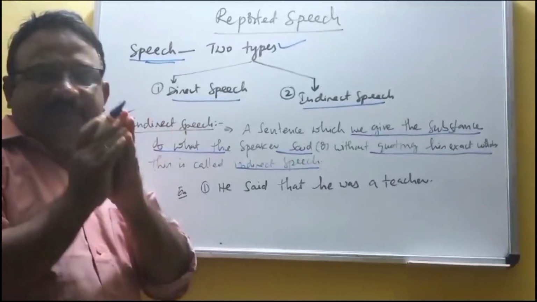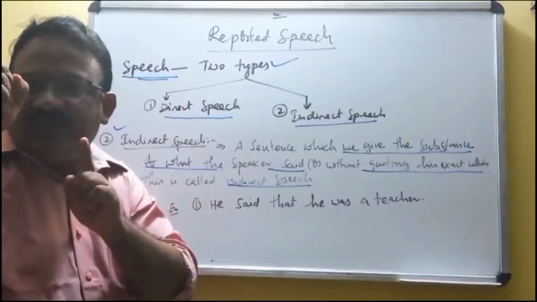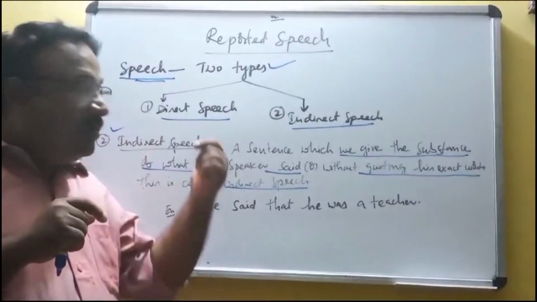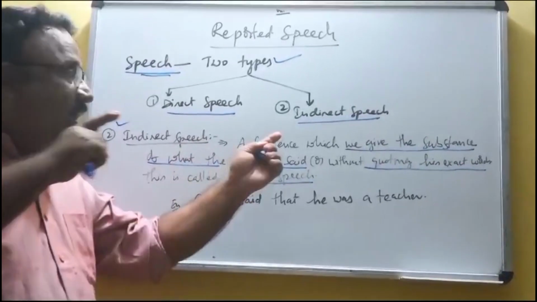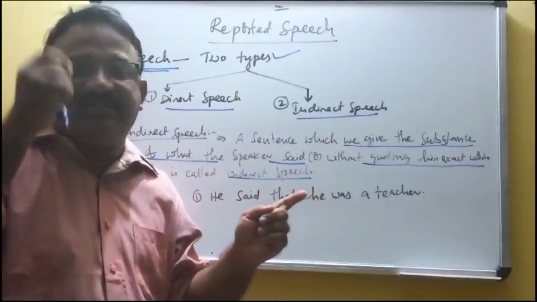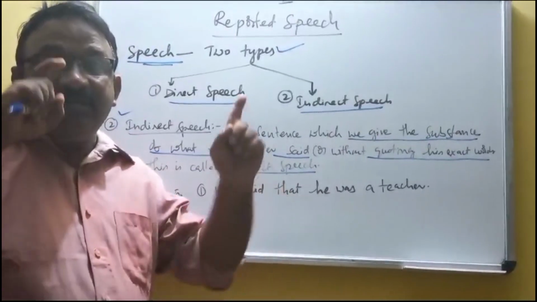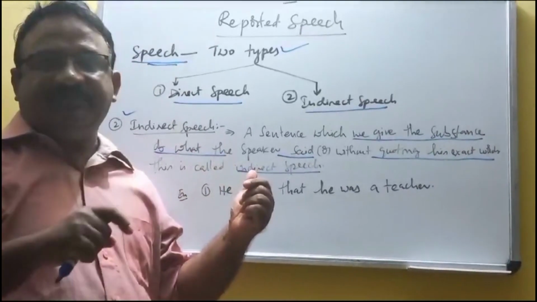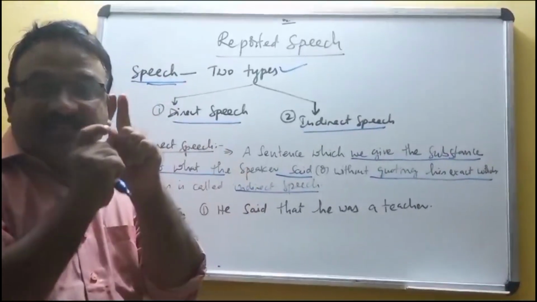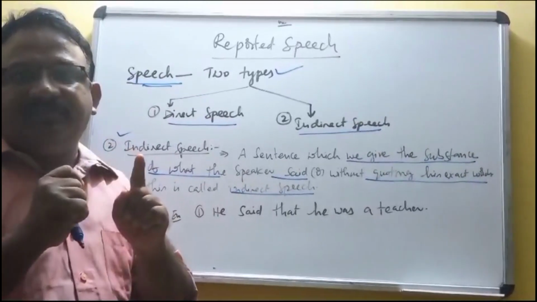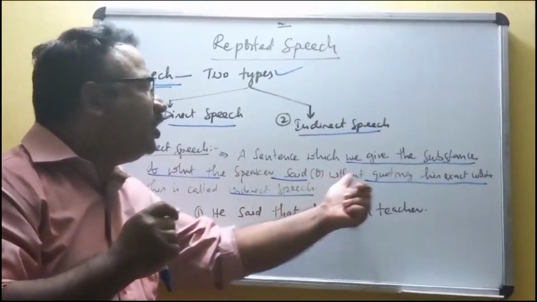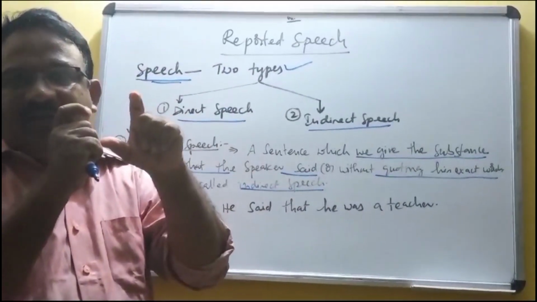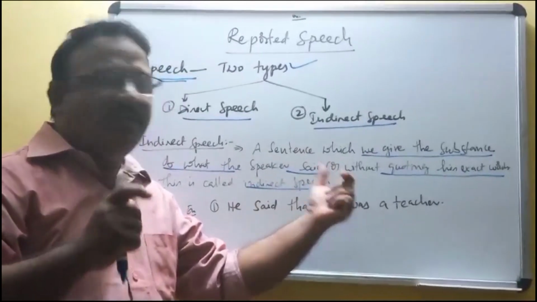See, direct speech is the actual words of the speaker. But in indirect speech, a sentence gives the substance of what the speaker said, not the actual words. In direct speech, it is with quotation, but here it is without quoting.